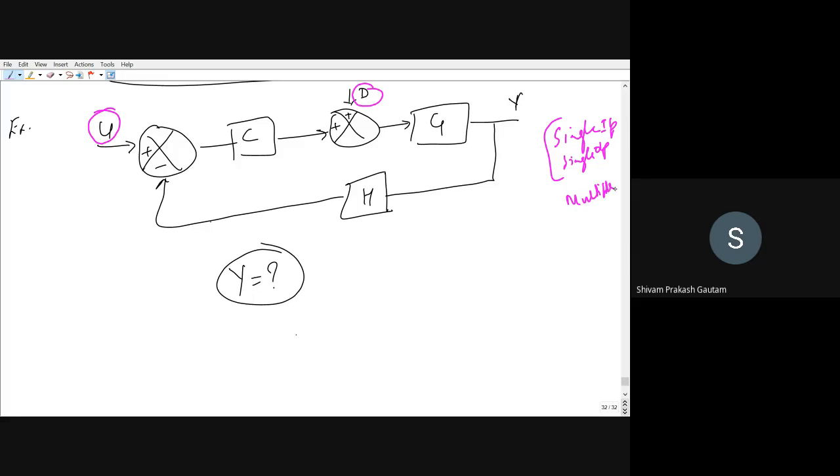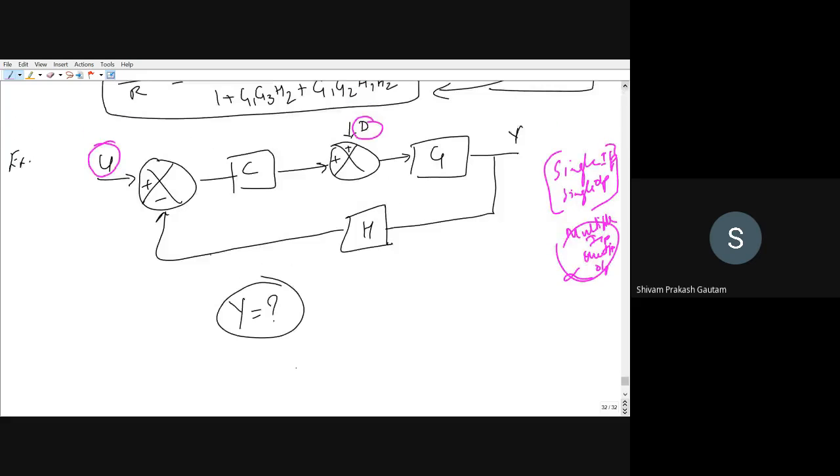A system can be there where we can have multiple input and multiple output as well, but this is not in our syllabus. Here you can say that, sir, we have two inputs in this, but this D is not corresponding to any input, right? This D is corresponding to your noise.